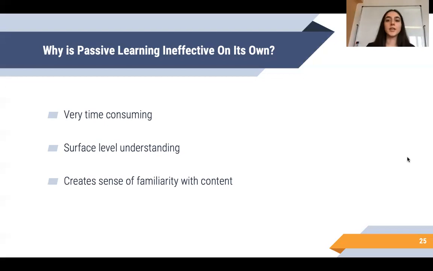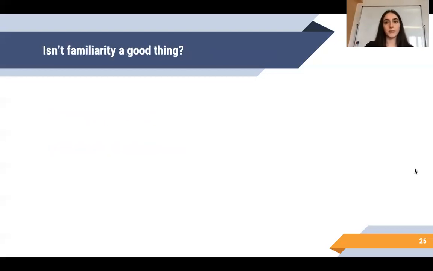And third, it creates a sense of familiarity with content. But why is that a bad thing? Recognizing an idea is not the same as understanding it. Recognizing an idea is when you may hear the words relative velocity and think, oh, I know that, I did it at school.